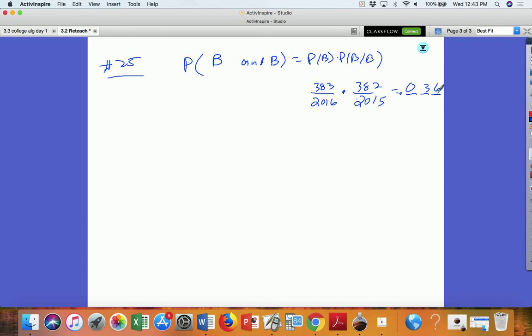Now I would bet if you would have not done this without replacement, it would be approximately the same thing to like even the thousandth. But I want you to understand that this is really the right way of doing this one. Okay. What about part B, where they say what's the chances that neither adult said he was the best?